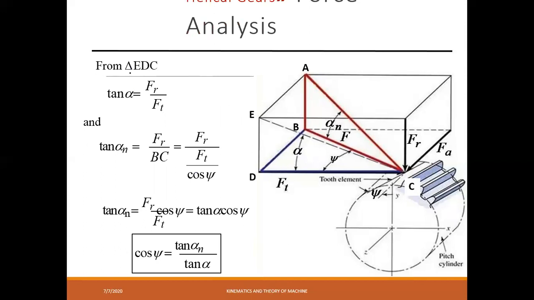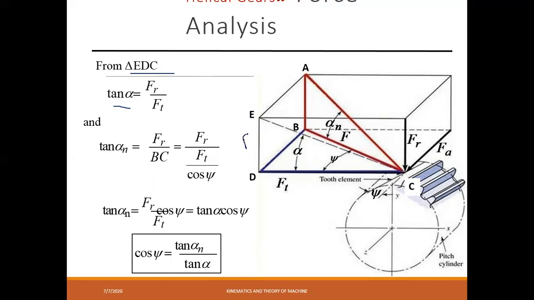From the triangle EDC, we can get tan alpha is equal to FR upon FT. How? Because this FR is taken at the ED.